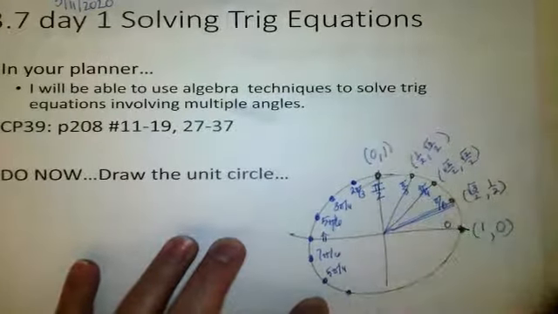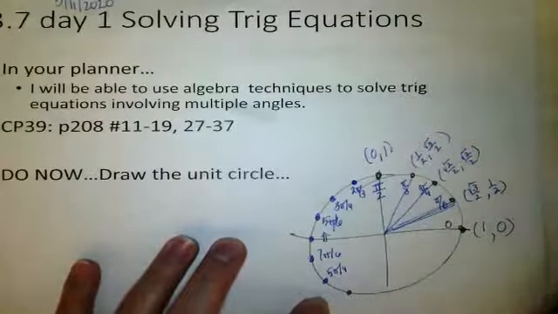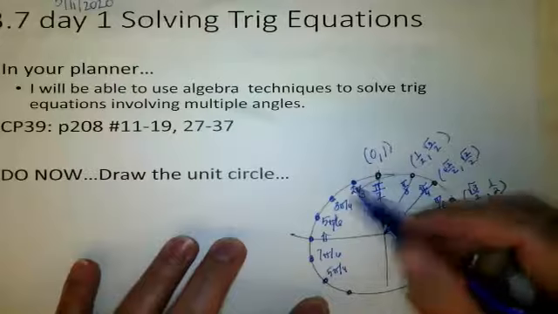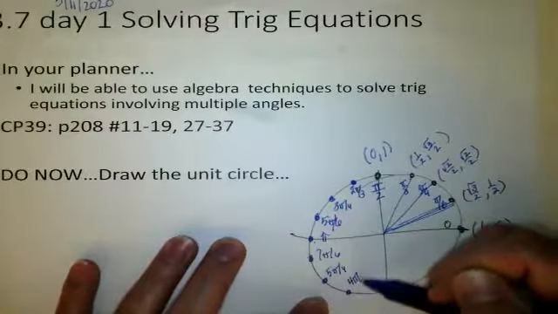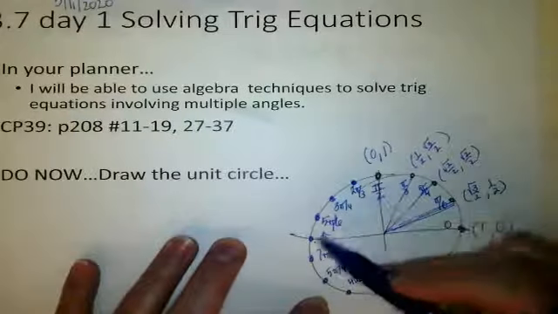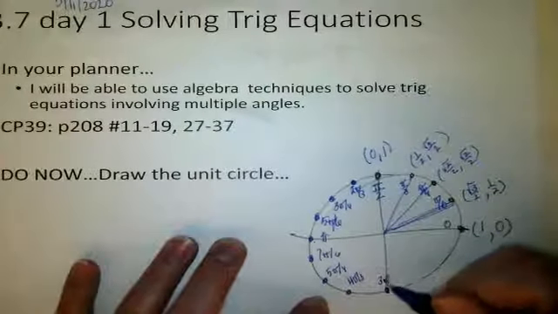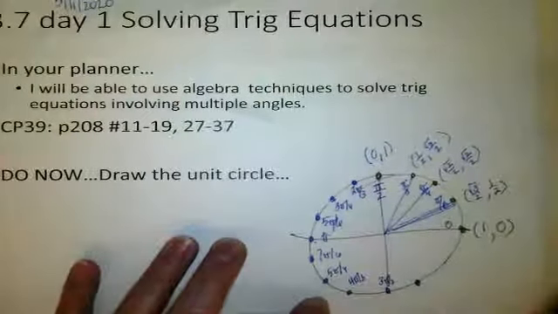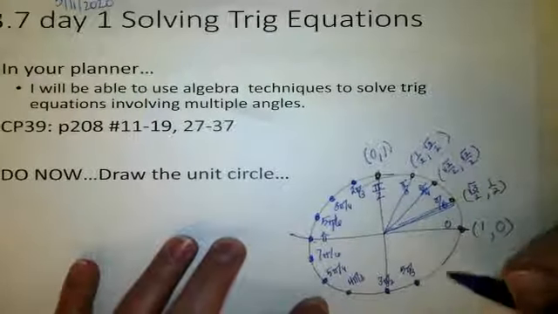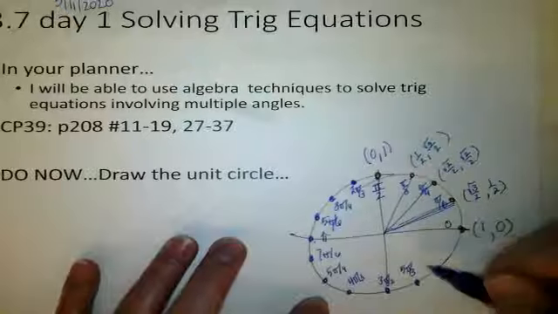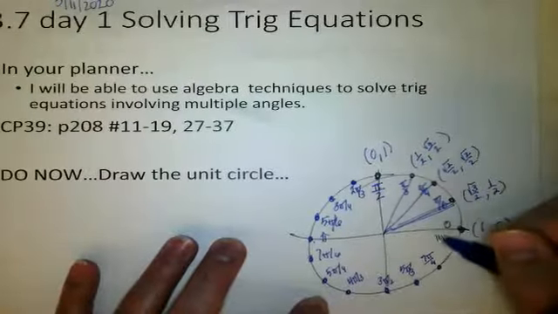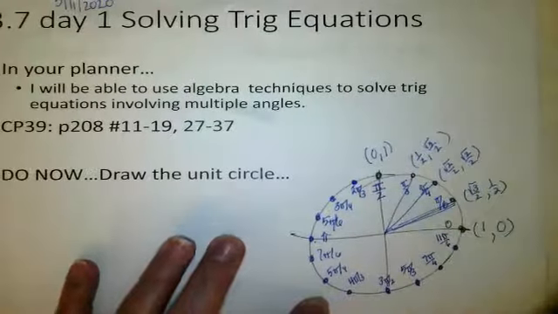This one is 4 pi over 3. Then 3 pi over 2. Yes. Right here is 5 pi over 3, 7 pi over 4, not quite to 8, and 11 pi over 6. Very good.